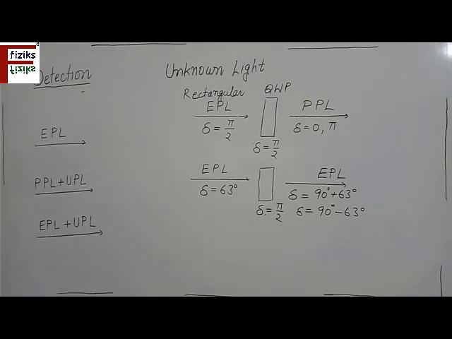So first what we are going to do, we are going to match the major axis of this elliptically polarized light with the principal section of the Nicol prism.